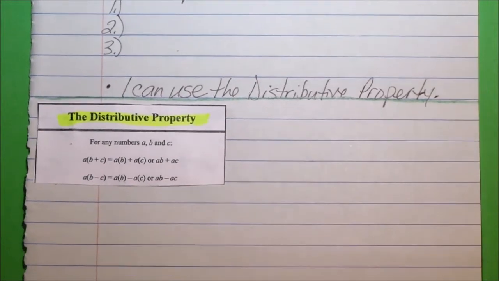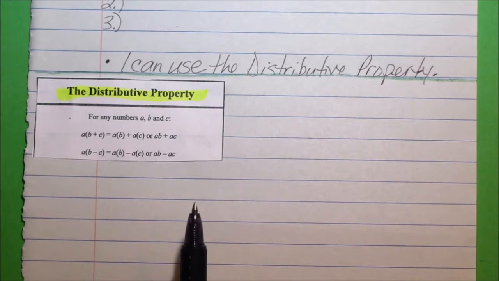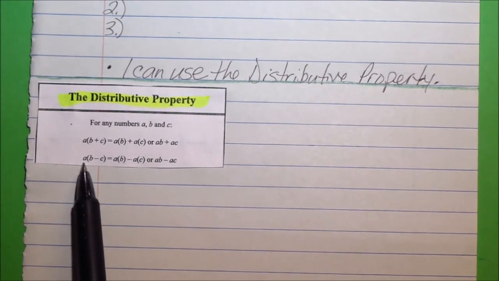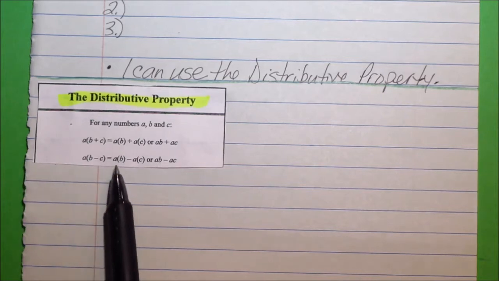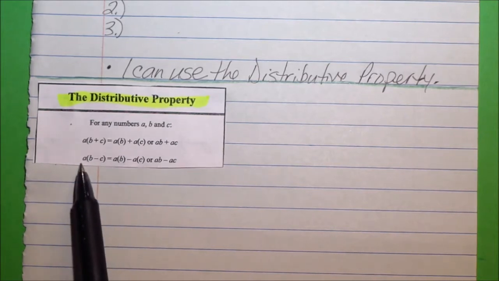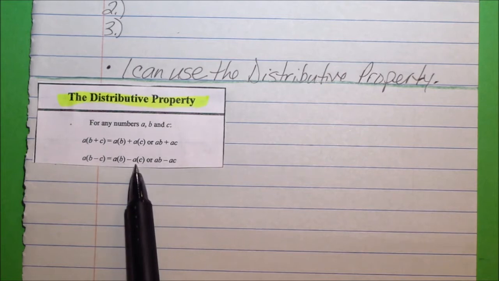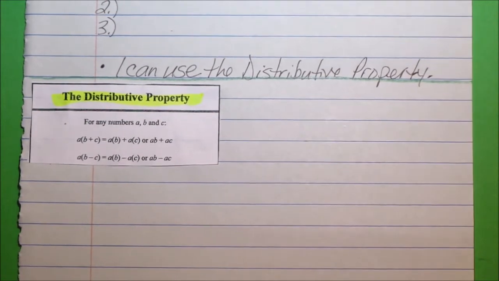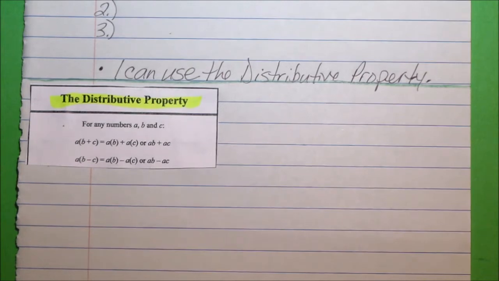Same thing applies if you're using subtraction. So A times B minus C is A times B minus A times C, or AB minus AC. I know, a whole bunch of alphabet jumble here, but you'll get it soon, promise.